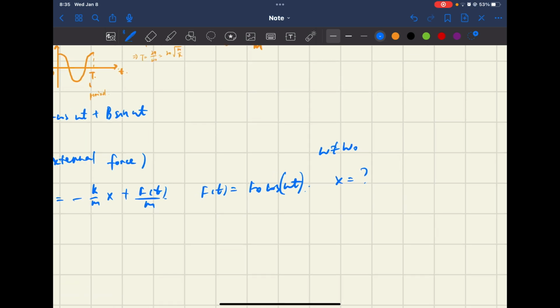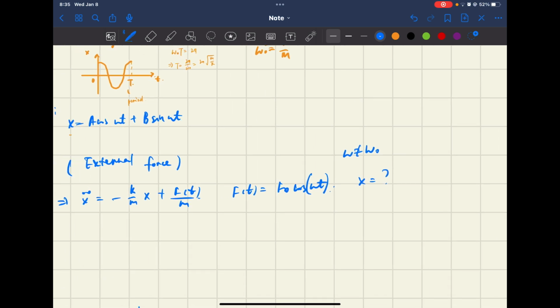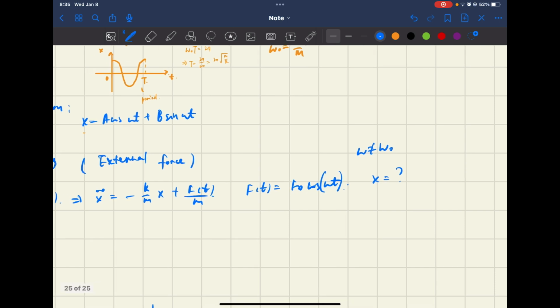Now we want to use our common sense. An oscillating external force, which takes the form of a sinusoidal function, is helping the system do the simple harmonic motion.